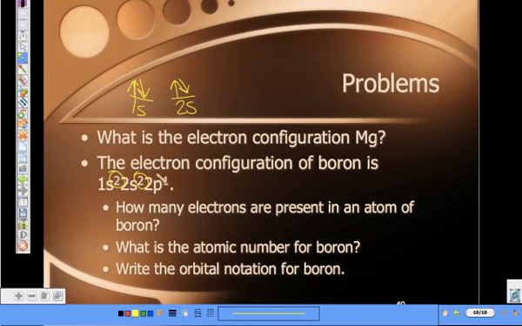And then p is next. How many orbitals are in the p sublevel? 3, so we'd have 3 here. And how many electrons there? Just one, so we'd stop there.